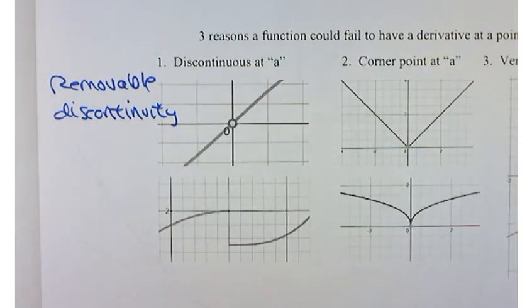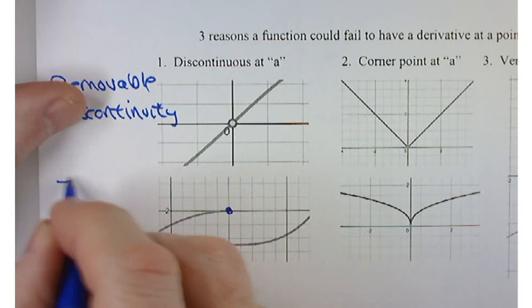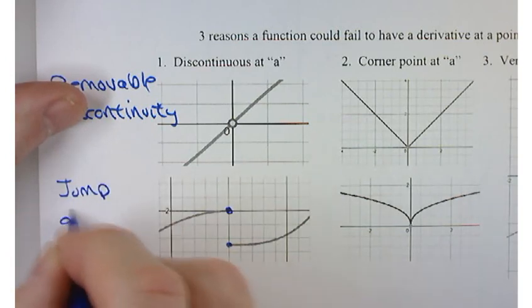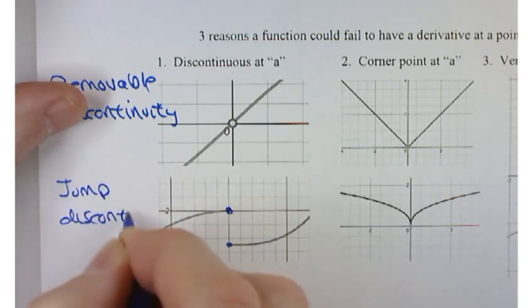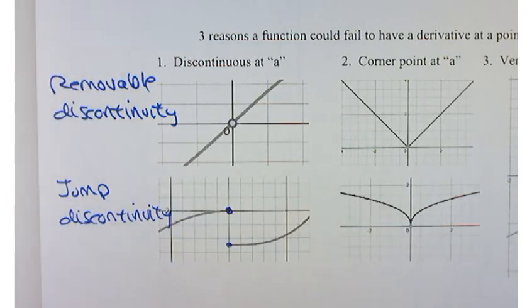Whereas below, something like this is called a jump discontinuity. This is a bigger problem. This is like trying to get the Lions to the Super Bowl. All right, that's a huge jump, huge problem. But if a function is discontinuous, that could be a reason that you don't have a derivative.